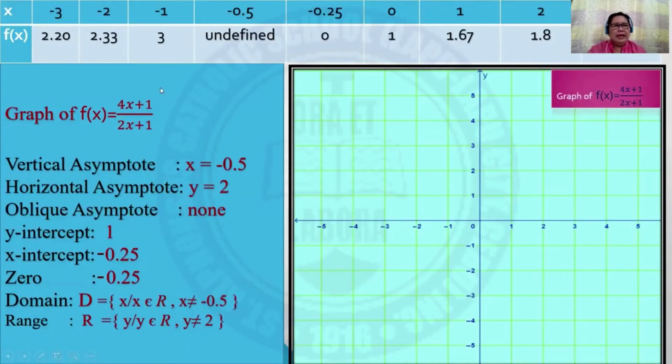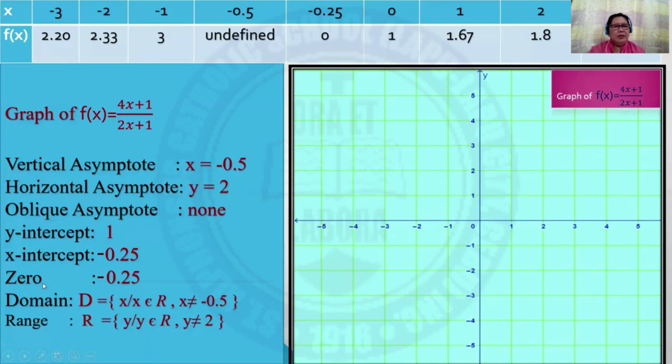Then let us have a summary of the results. The vertical asymptote is x equal to negative 0.5. The horizontal asymptote is y equal to 2. The oblique asymptote, it's none. The y-intercept is 1. The x-intercept is negative 0.25.